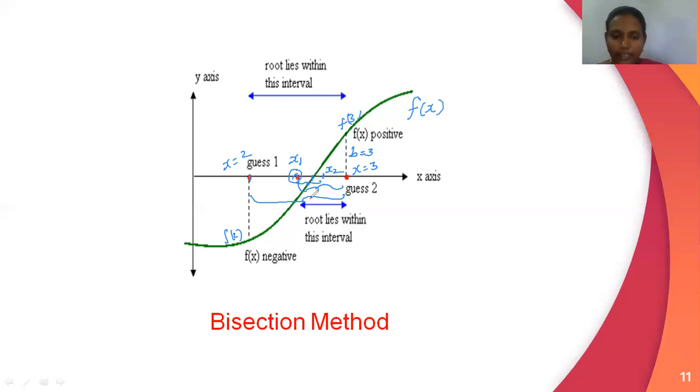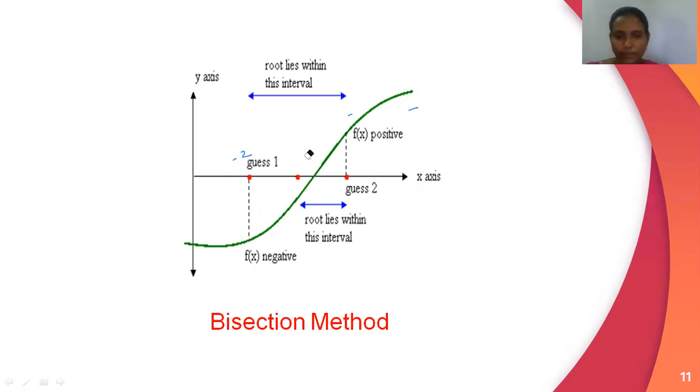Now repeating this process, if any two successive approximations are of the same value, then we get the accurate root of the given curve. So this is the procedure we have to follow in the bisection method to find out the root of the equation.